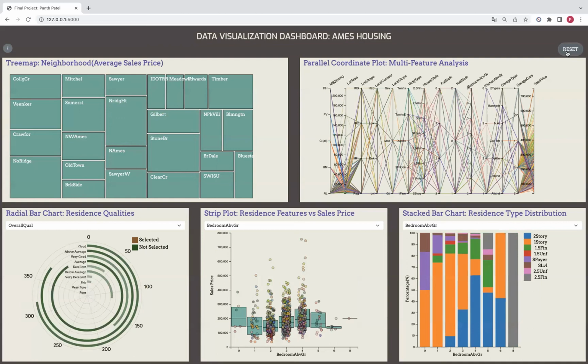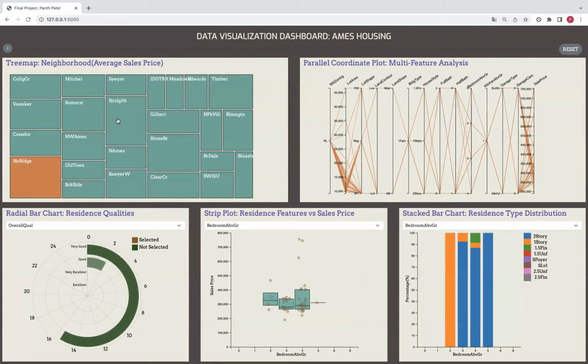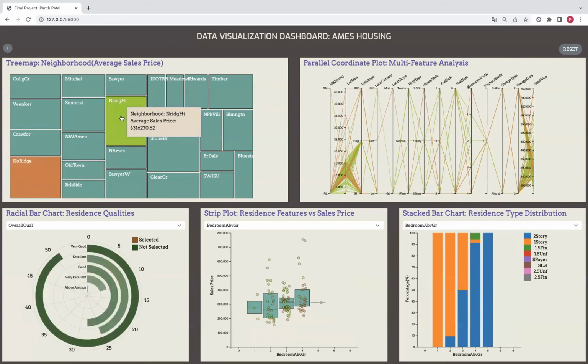Let me share some interesting insights that I've gathered. Let me select the two costliest neighborhoods.